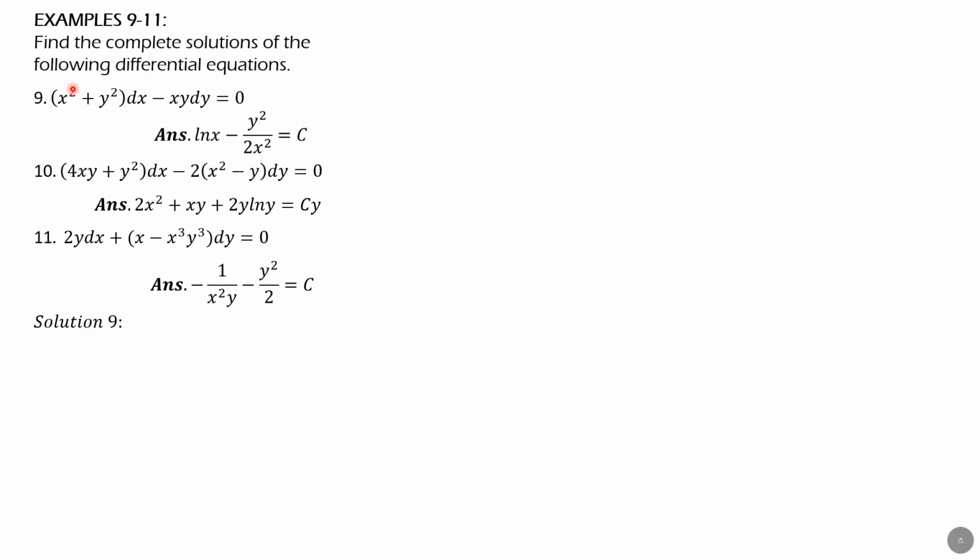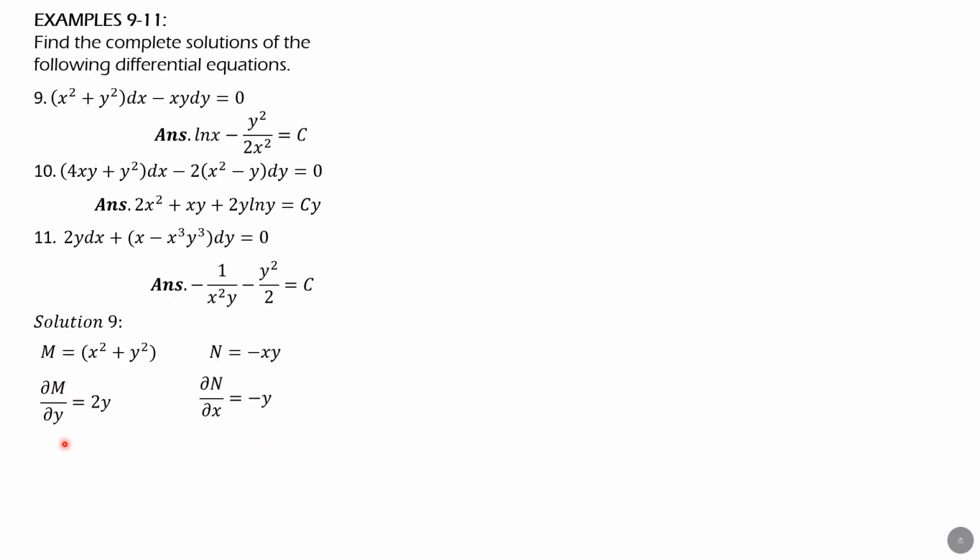So this is m and that is n. So m is x squared plus y squared, partial derivative of m with respect to y therefore is 2y, while n is negative x y and partial derivative of n with respect to x is negative y. Y is constant, x is the variable, so negative y, partial of n with respect to x.